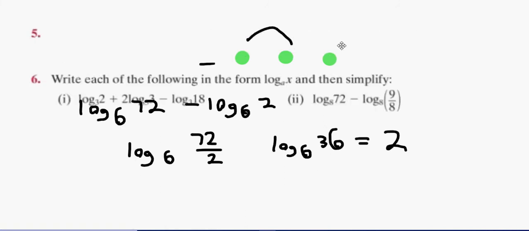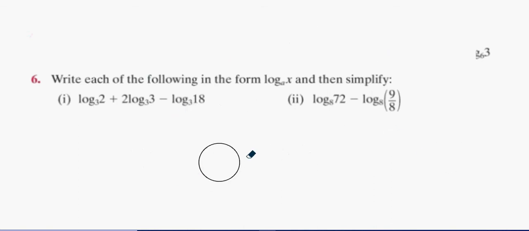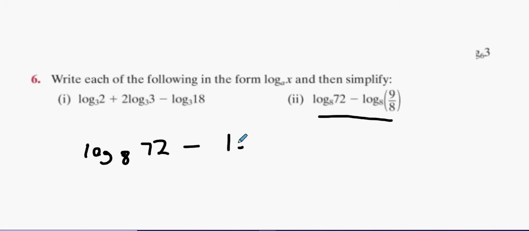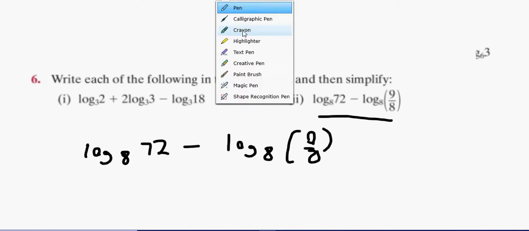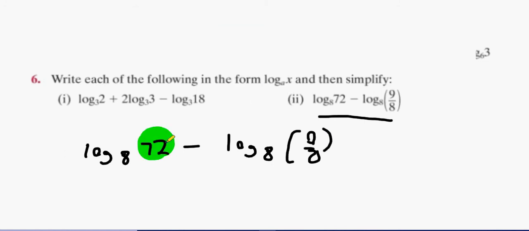Okay, guys. Question 6. How would you do 6 part 2? Log 72 base 8 minus log 9 over 8 base 8. What would you do here? Just do green divided by yellow.